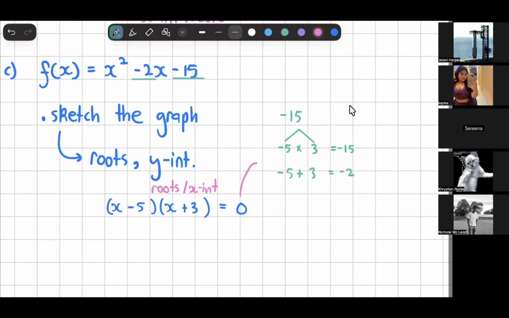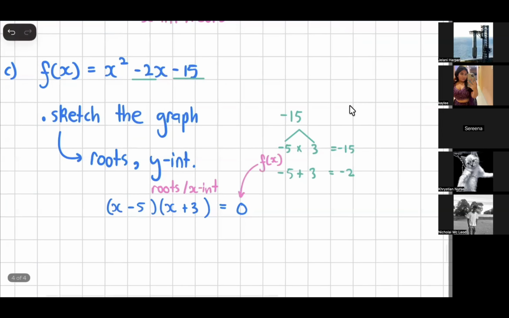So, Kaylee, this 0 here is really what f of x is. Remember, we say f of x is 0 because that's the y value, and at the x-intercept, the y value is 0. So if I have x minus 5 in brackets and x plus 3 in brackets, and we are supposed to get 0, remind me, what is 0 by anything? 0.